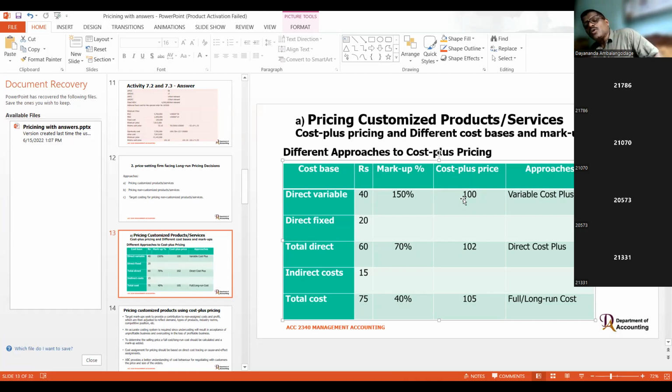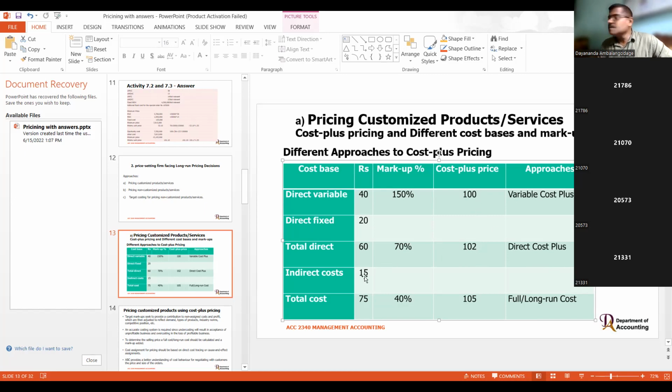That's called variable cost plus pricing. Then you can add the direct fixed cost, which is 20 rupees, and 60 is the total direct cost. So for that you add up a markup of 70%. So your price would be 102. That is called direct cost plus.